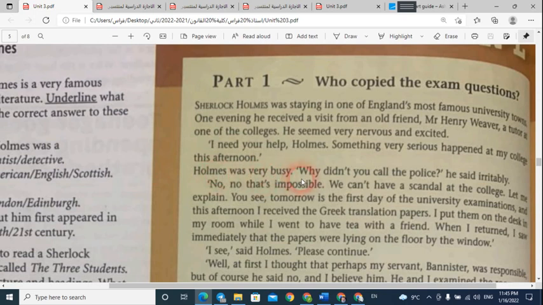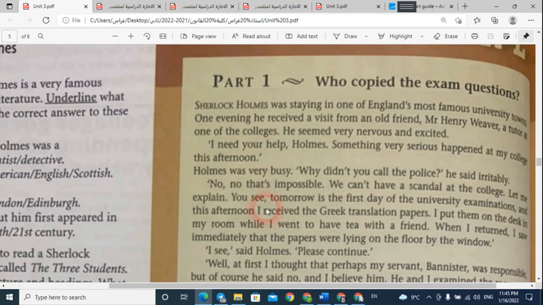Holmes was very busy. Why didn't you... I'll try to change my voice to make you distinguish between the 2 characters. "Why didn't you call the police?" He said irritably. "No, that's impossible. We can't have a scandal at the college.